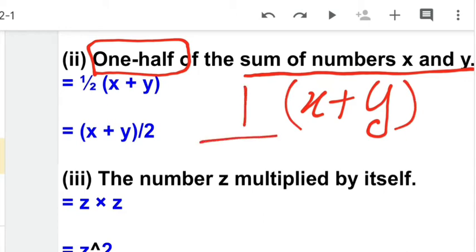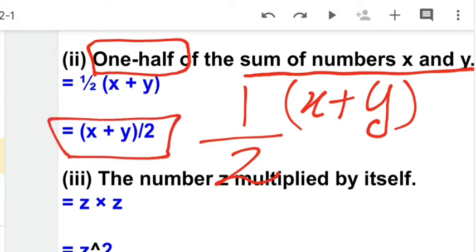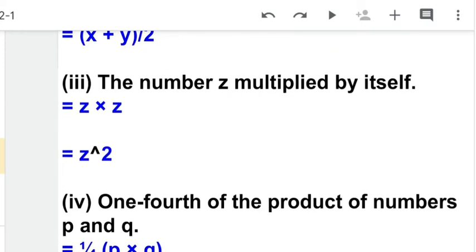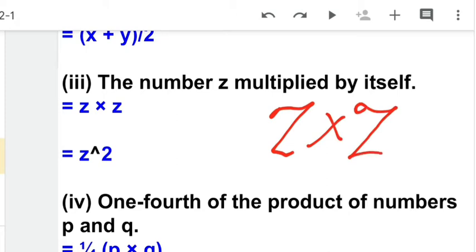So that means 1 upon 2 multiplying with x plus y, that is x plus y upon 2. Next part is the number z multiplied by itself, that is z into z, or we can write it as z square.